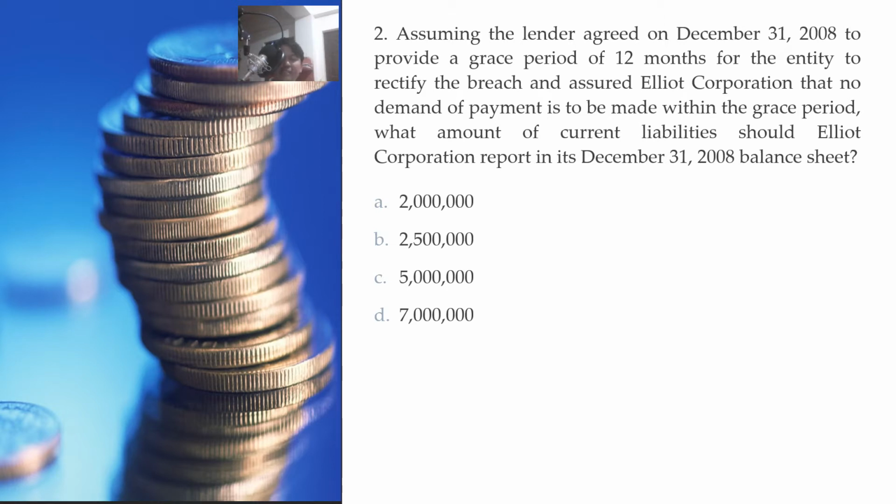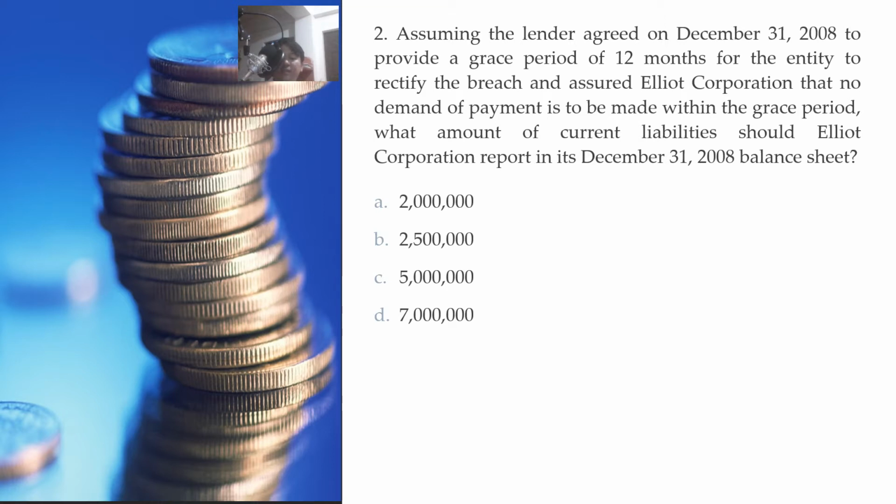No, since nagbigay ng consideration si creditor na kahit nag-violate si company, magbibigay siya ng grace period na 12 months. So, hindi na magiging due yung 5 million. This is related dun sa problem 1. Continuation niya.